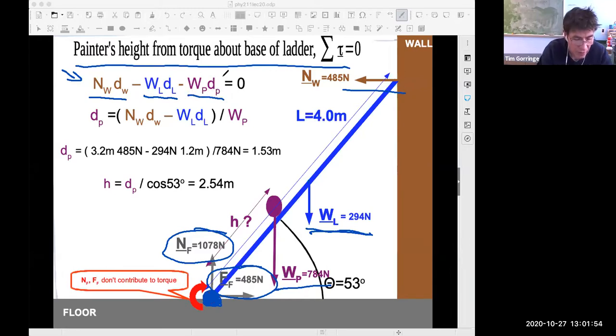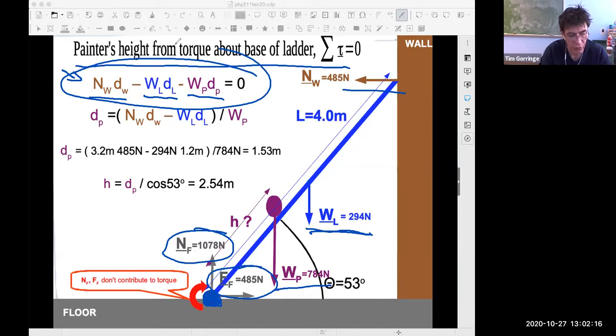Now, if you look at that equation, the really magic thing about it is, look, at this point, we know all the forces. We know N_W, W_L, and W_P. We know the lever arm of the ladder. We know the lever arm of the wall.